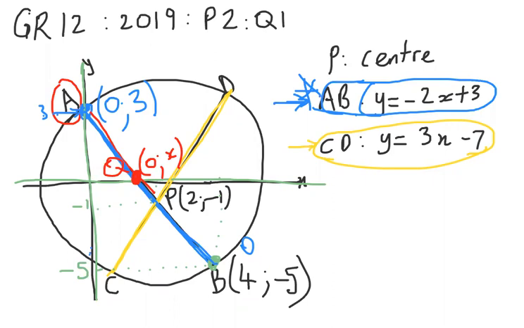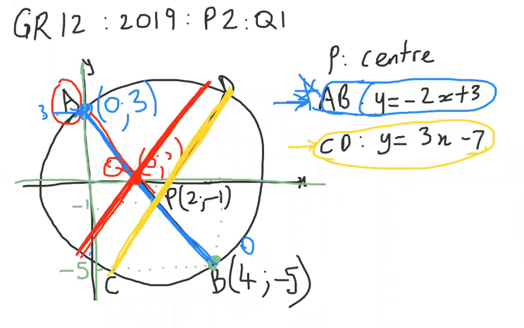So there's a point Q, but they want this line that is parallel to CD. Remember, CD is this yellow line. But now they want a line that is parallel to CD and passing through Q. I'm just spending some time with this so you can understand what we're busy with.